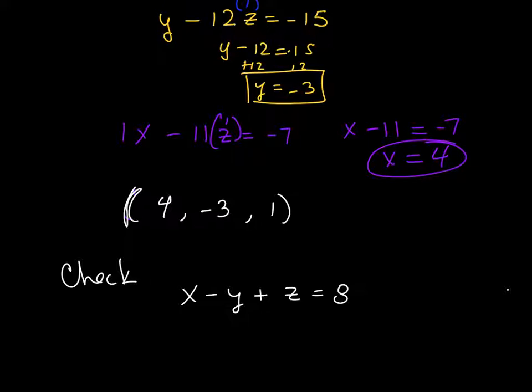If I check this out, x is 4 minus a negative 3 plus 1. And yes, it does indeed equal 8: 4 plus 3 plus 1. So I am now done with this equation.